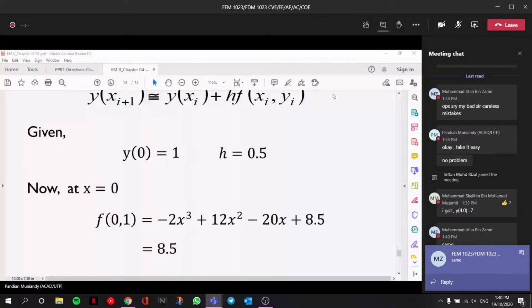Y2.5. Okay, can you fill up first? Y2.5, 4.75. So what is y3?